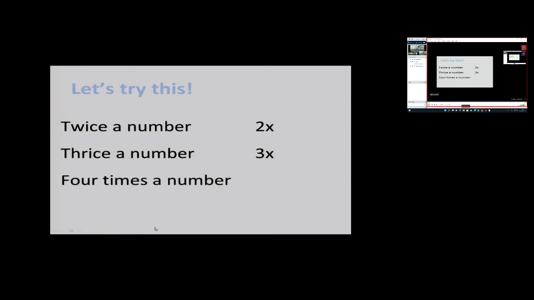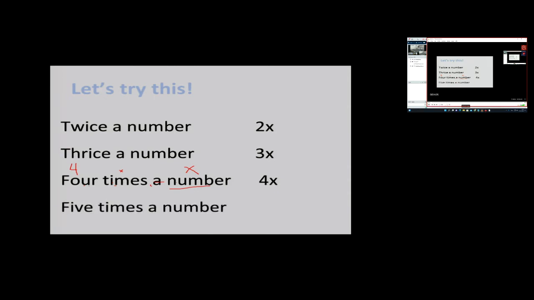Now, when we talk about 4 times a number, when we talk about times, it means multiply. So if our number is letter x, so 4 times a number is 4 times x, which is same as 4x. Okay?